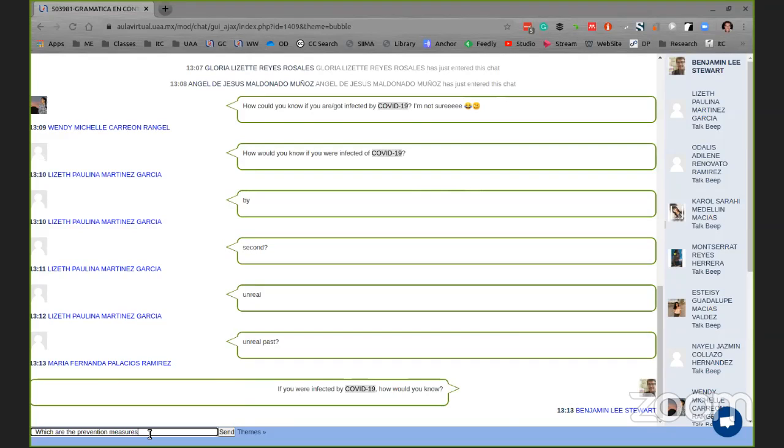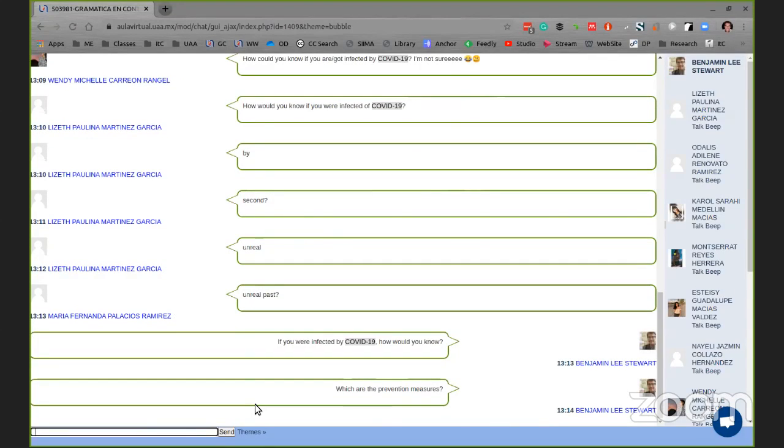Okay, now in this example, I want you to both look at the grammar, but also the meaning of it. Would you add or take out any words in order to clarify the meaning? Here's the second example. Think about how you could reword this question, thinking in terms of grammar, thinking in terms of meaning. I'll give you a moment.